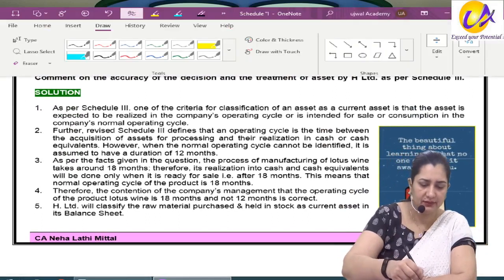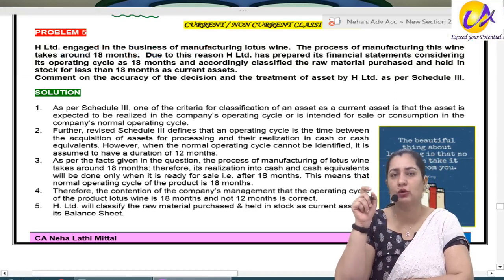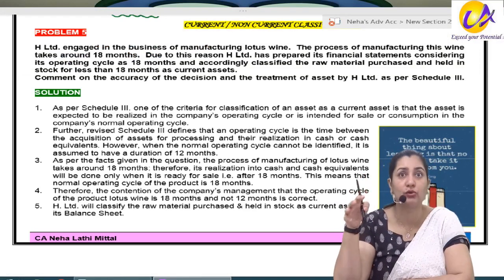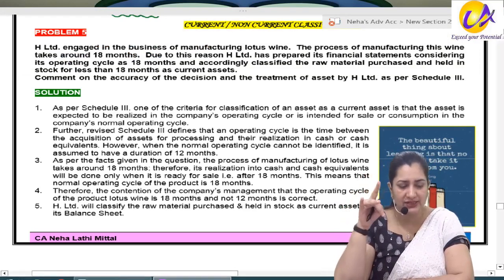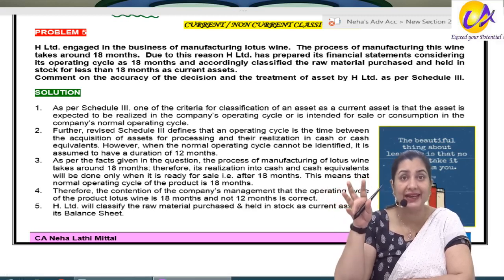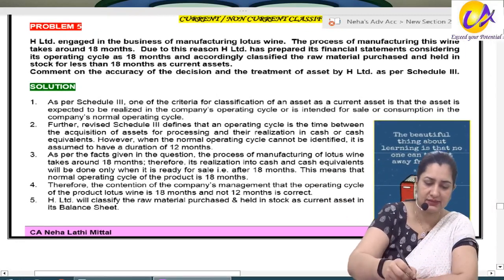H Limited. See, when we are reading a problem, okay? While reading, underline what is important, so that when you are answering, you know where to focus. So H is engaged in the business of manufacturing wine. The process of manufacturing wine takes 18 months. So clearly they are saying it takes 18 months.